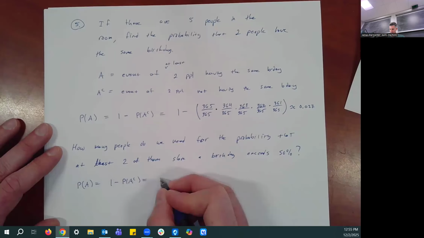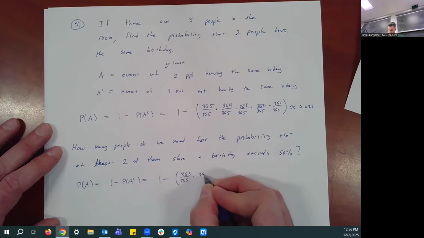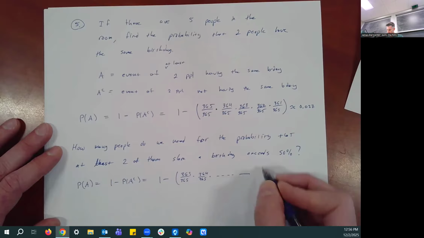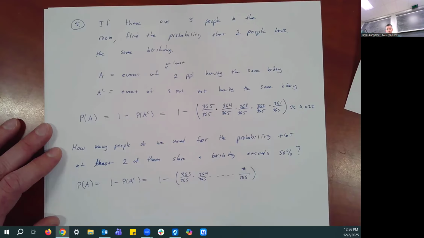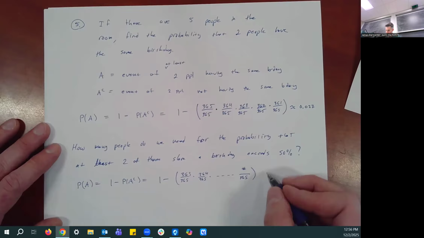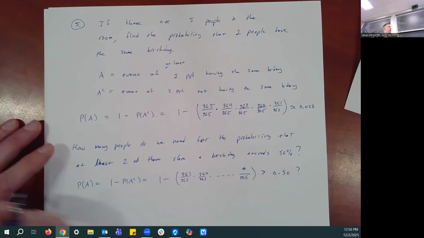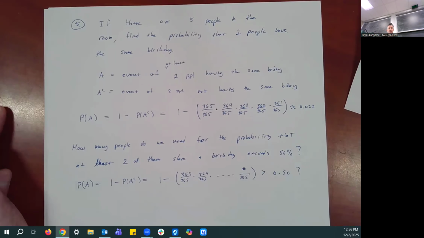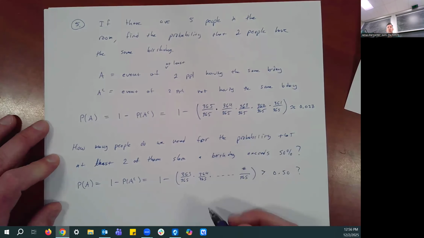And we're essentially asking, when is this number, 365 over 365 times 364 over 365 down to, what number over 365 do we need to get to so that this is bigger than 0.50? I don't really want to do the math. I just want to tell you because it is kind of interesting. That number is 23 people.